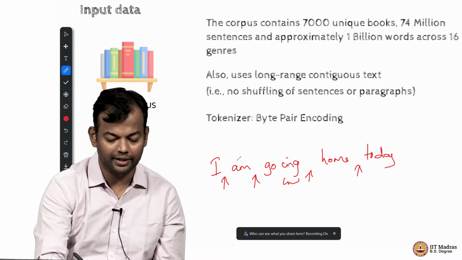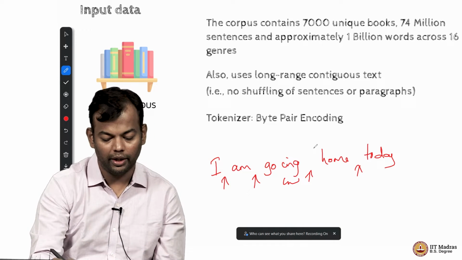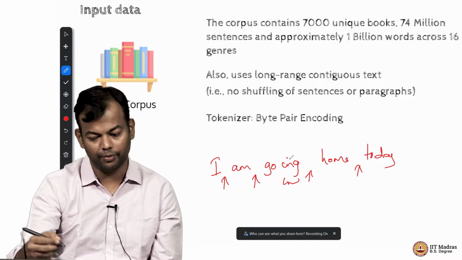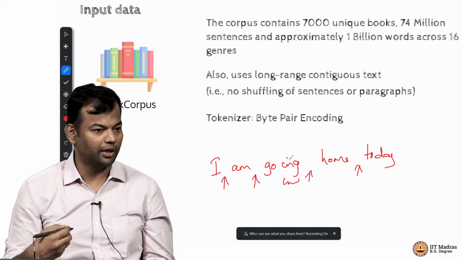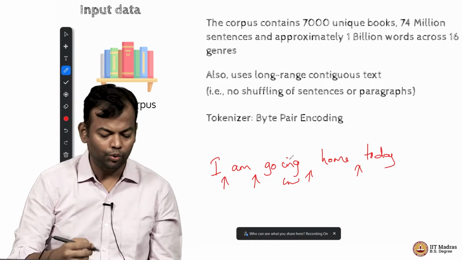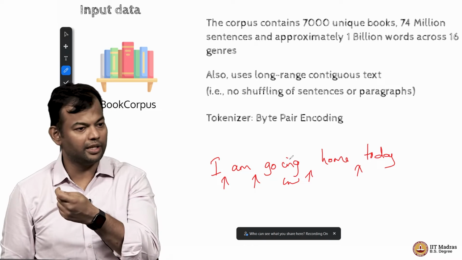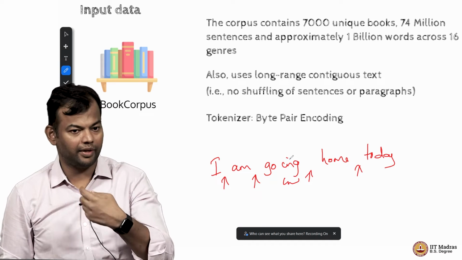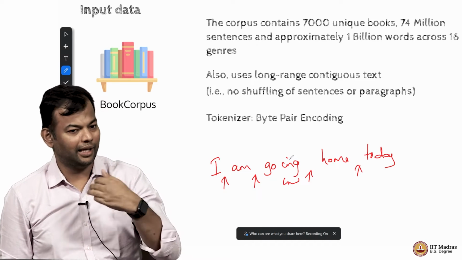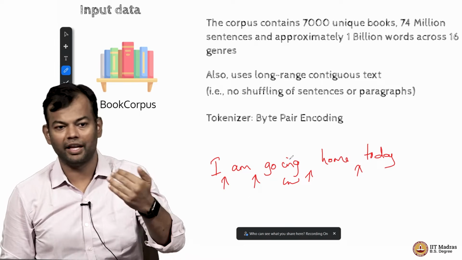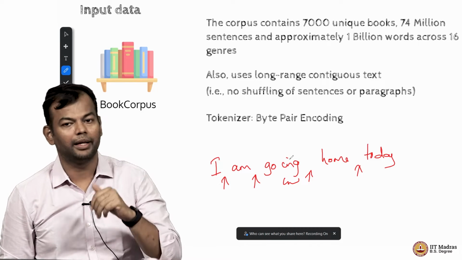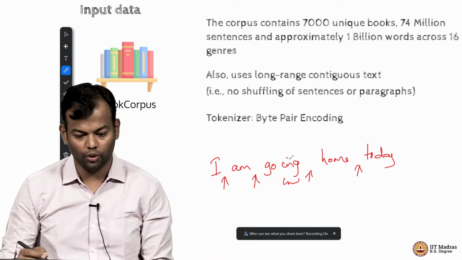So then you would split this as I, am, go, ing, home, today, right. So that would become 6 tokens, right. So we will see what a tokenizer does, but for now you can just think of it as that wherever you see a space, that's a new token. So when I say 512 tokens, in our layman terms, we just mean that 512 words were passed to the model, but we will refine this understanding as we go along.